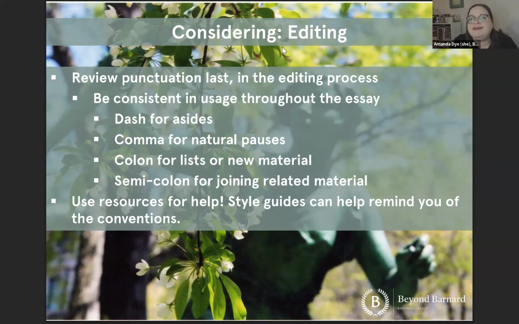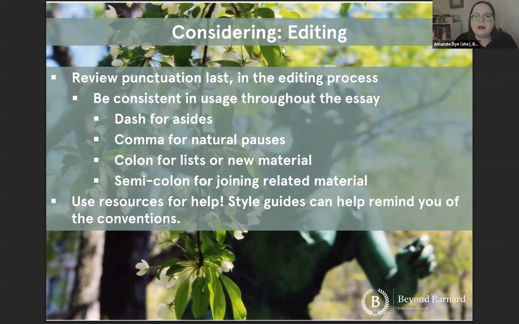I don't think that it is important for a personal statement to adhere to any specific set of words or a particular style. You don't have to be in MLA style or whatever. I think it is important that you be consistent in your usage of punctuation throughout your essay, basically.